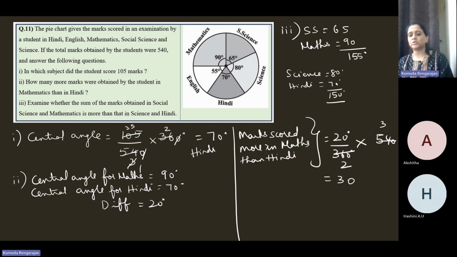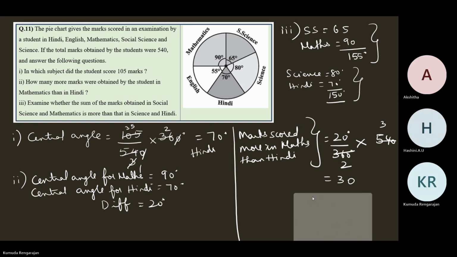The marks the student has got in social science and maths is more than in science and Hindi, because that is evident from the central angles. Observe these two. Write down till here. I'll come back in 3 minutes.